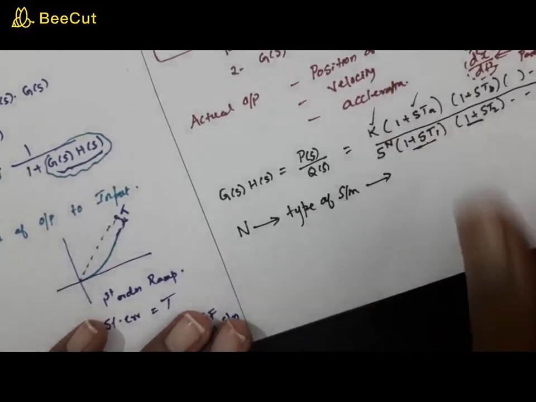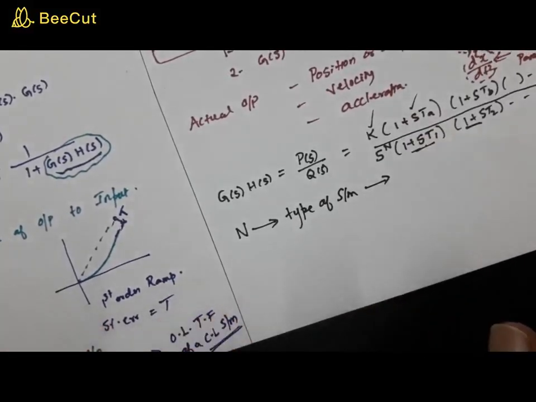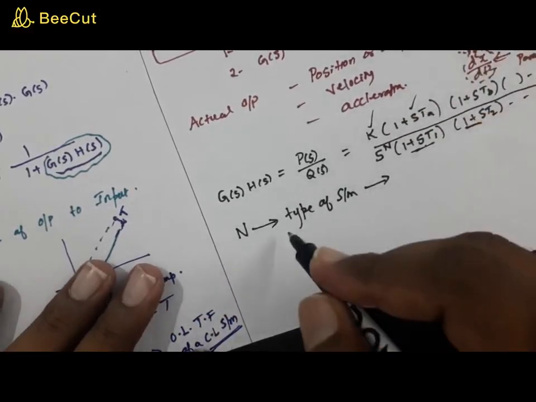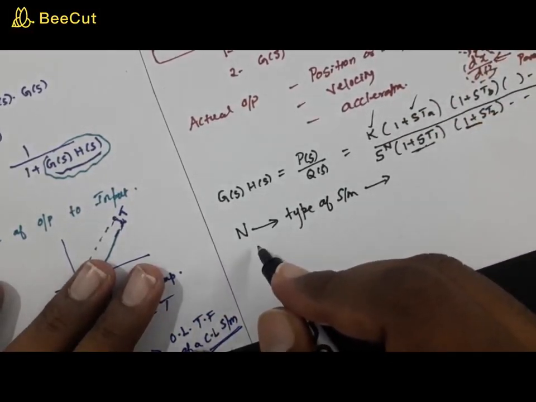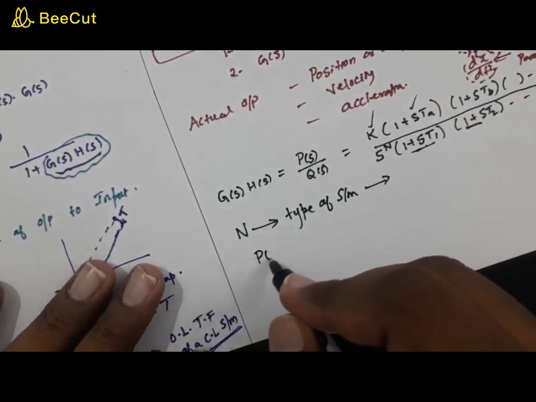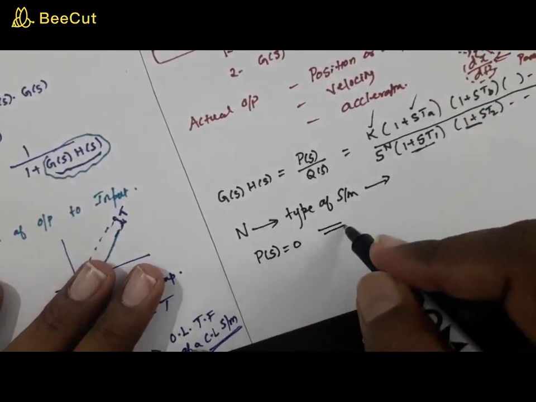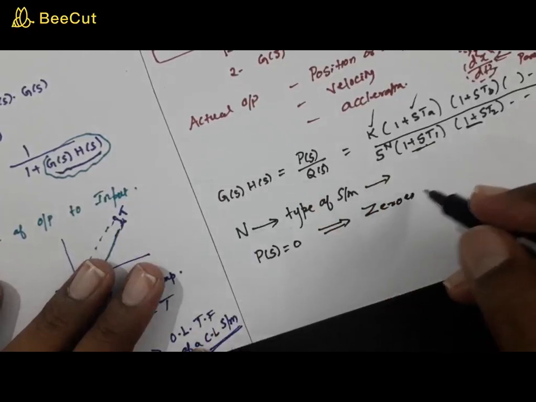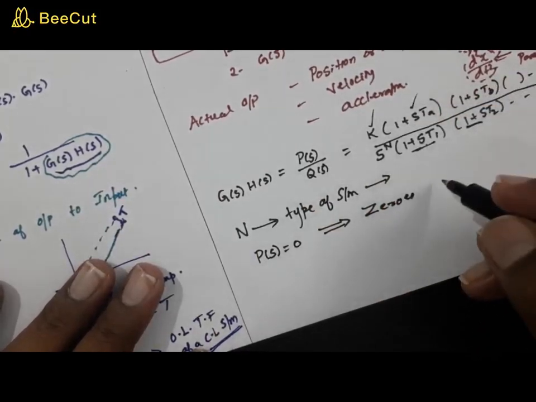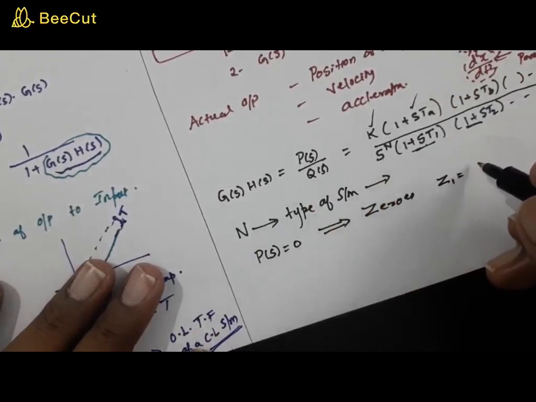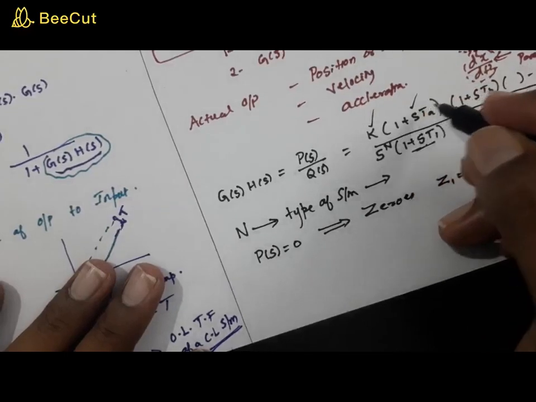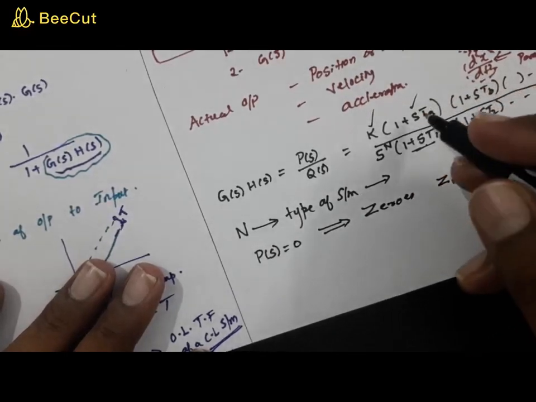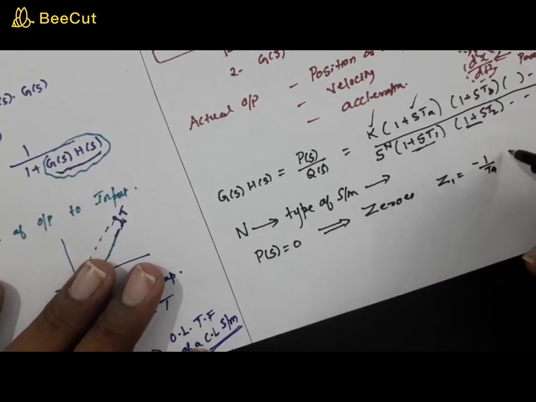Now what happens when you equate P of S and Q of S to 0? When you equate P of S to 0, you get the zeros of this transfer function. The zeros will be, say, Z1 equal to minus 1 by TA, since 1 plus sTA equal to 0 means s equals minus 1 by TA, Z2 equal to minus 1 by TB, and it goes on like that.